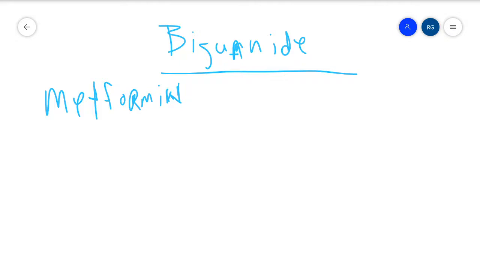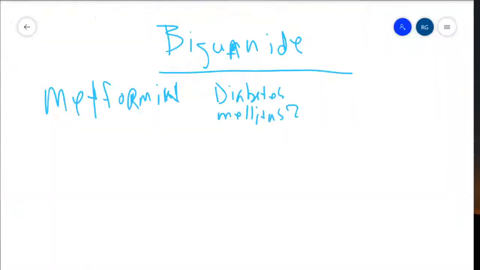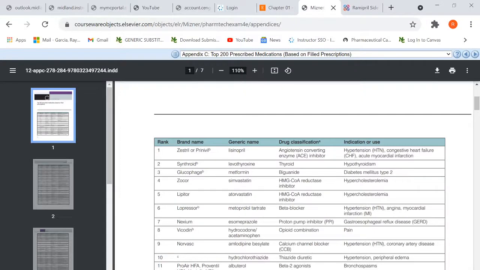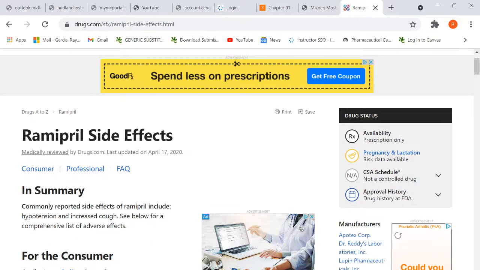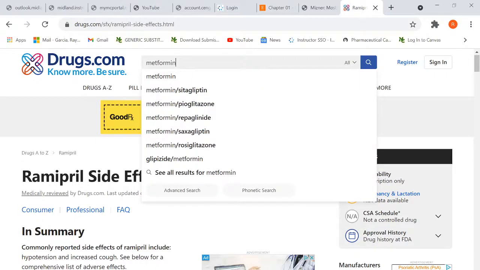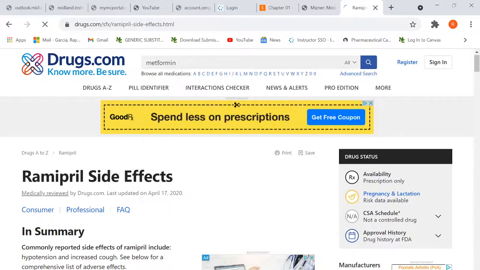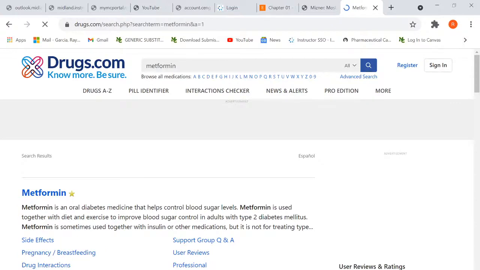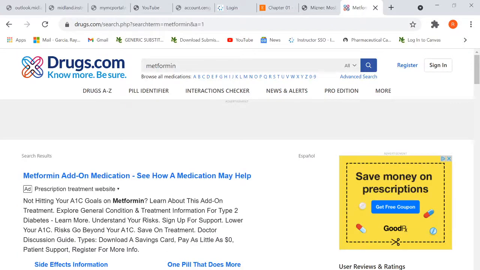For diabetes mellitus type 2. And let's look at what the side effects are for that one. Let's see here.